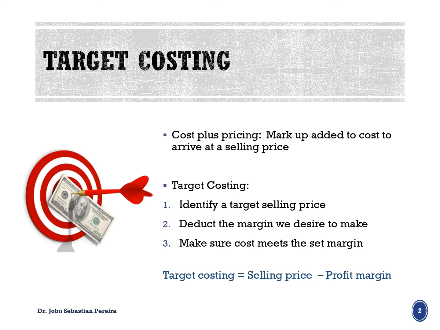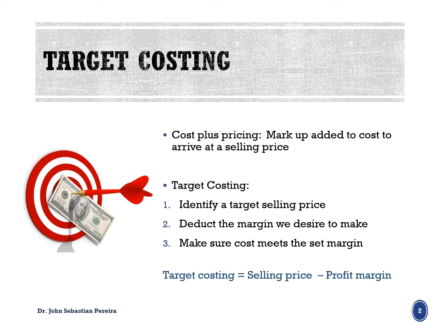In order to arrive at a target costing, the company first identifies a target selling price. This is true for most companies these days, where the competition is so intense that prices are in effect determined by the demand and supply in the market. No manufacturer has a control on the selling price. They are all price takers rather than price setters.